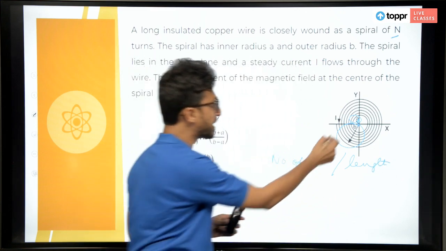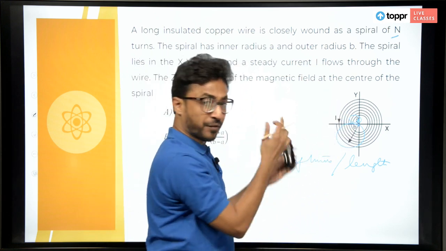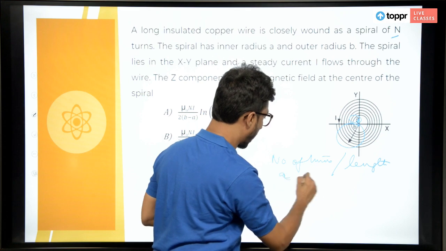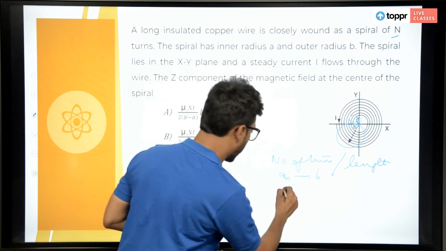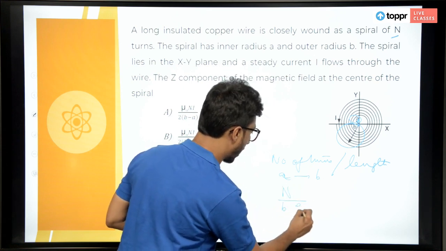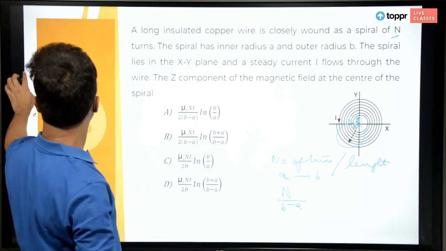Per unit length means basically per unit radius. The number of turns is varying between A and B, so the number of turns per unit length will be nothing but capital N divided by B minus A. Let us move on.